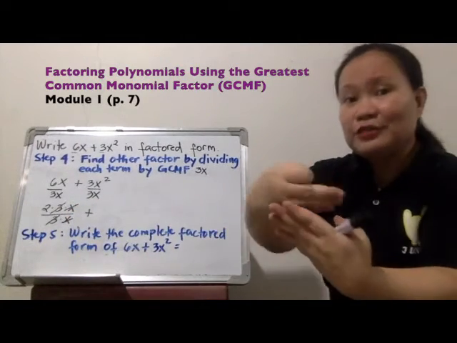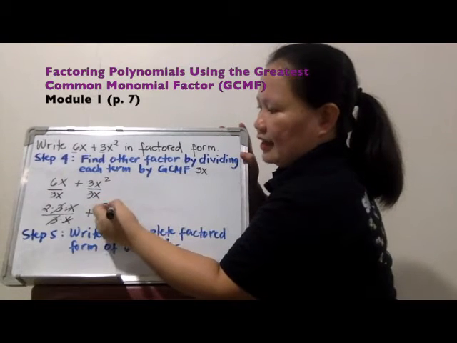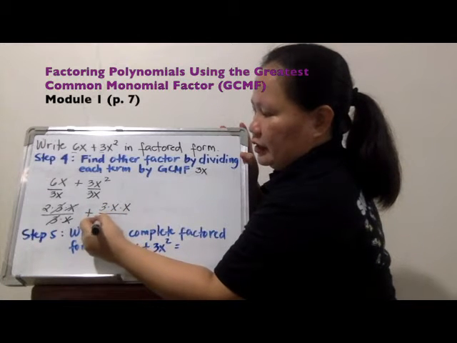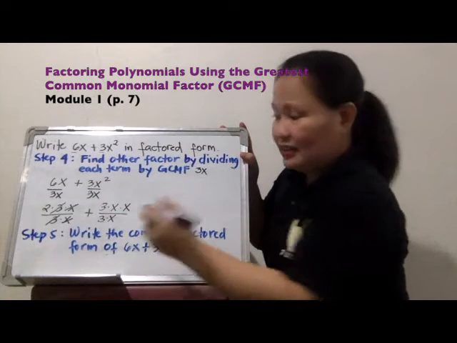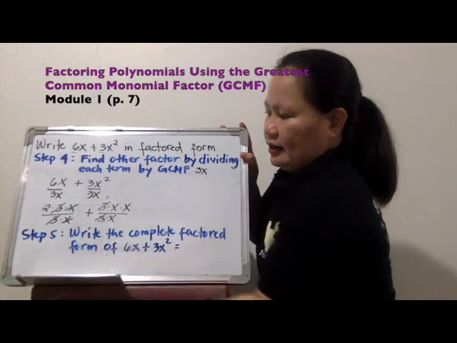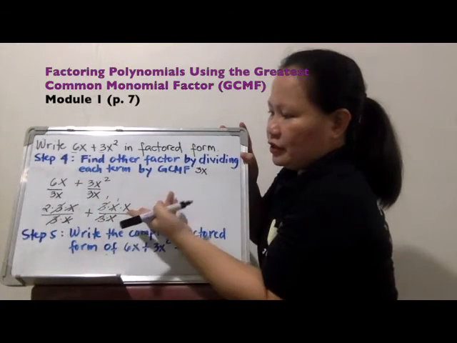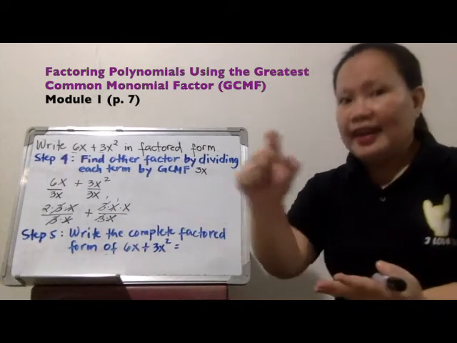Again, let's factor this 3x: 3 times x over 3 times x. So again, divide. 3 divided by 3 is 1. x divided by x is 1. So the remaining variable is x.